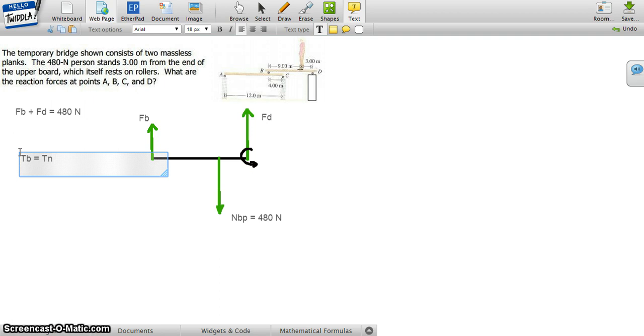So we have the force of B times the distance all the way down, which is 12 meters, equals the 480 newton force times the distance away, which is 3 meters. And so that means we could figure out FB, and FB is going to be 120 newtons, I believe.